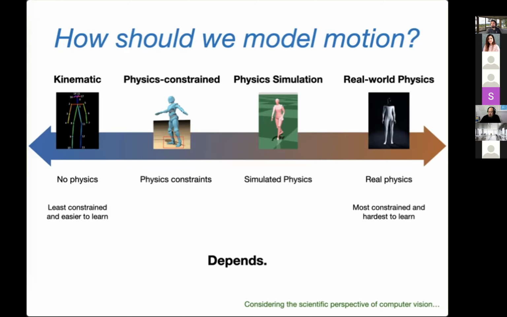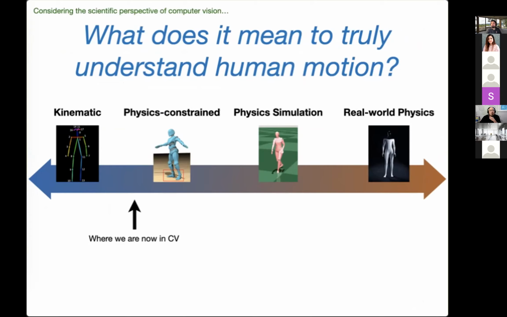But let's step out of the applications and think of it from a scientific perspective. In computer vision, we're trying to really understand what human motion is. So where do we need to be on the spectrum as computer vision scientists, or people who really want to know what human motion is?